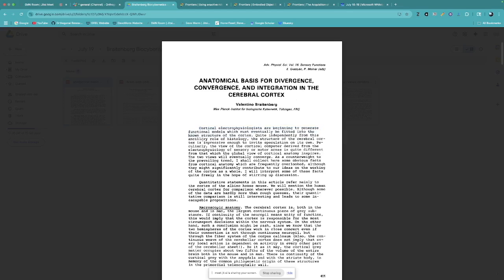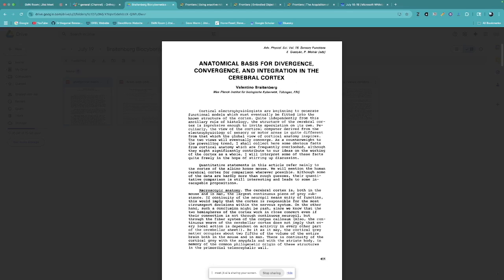Quite independently from this ancillary role of histology, the structure of the cerebral cortex is impressive enough to invite speculation on its own. Particularly, the view of the cortical computer, derived from the electrophysiology of sensory motor areas, is quite different from that which the global view of the cortical anatomy inspires.